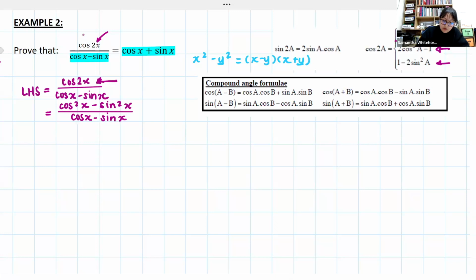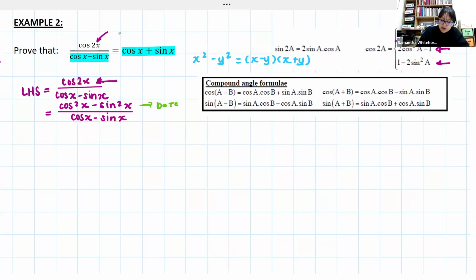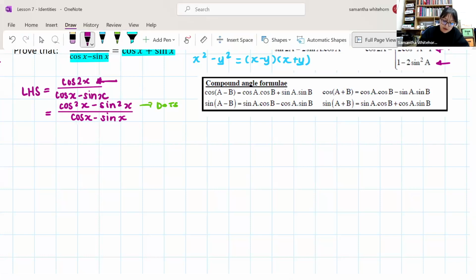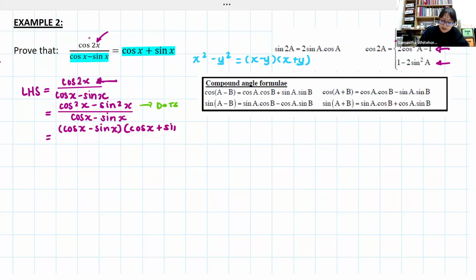In your numerator, you now have the difference of squares, so we can factorize this. That factorizes to cos x minus sine x times cos x plus sine x, all over cos x minus sine x.